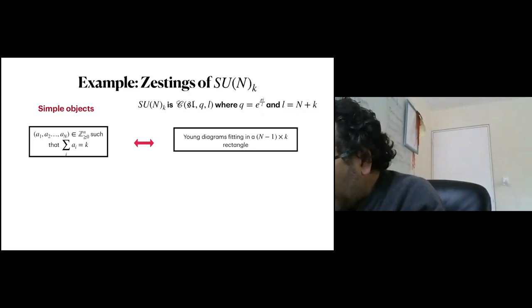So the important part here is that the simple objects have some particular parametrization. You can parameterize them, let's say, as N-tuples of non-negative integers such that the sum is equal to k, or in some combinatorial way using Young diagrams.